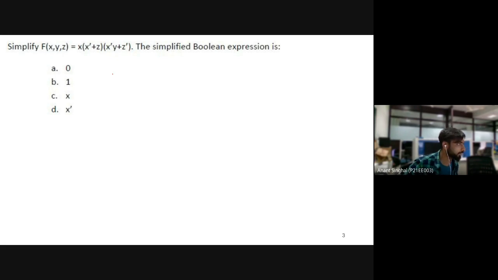Here it is given that f is given by (x plus x bar plus z) and then (x bar y plus z bar). Before starting this question, I'd like to tell you the basic simple axioms that we study in digital electronics.